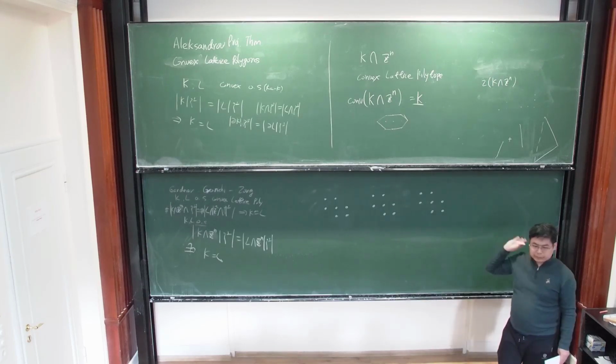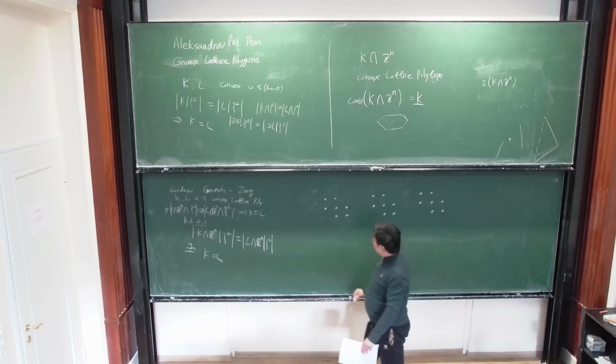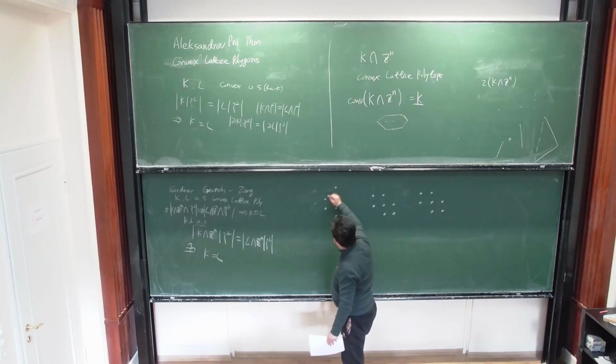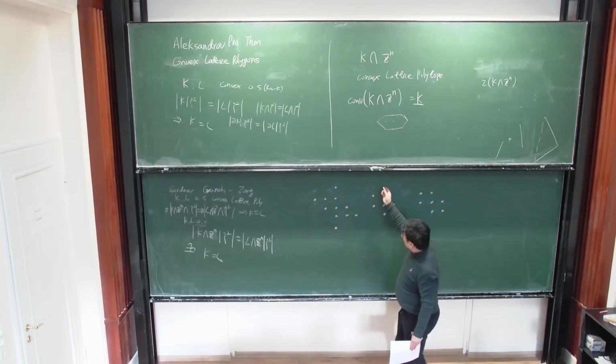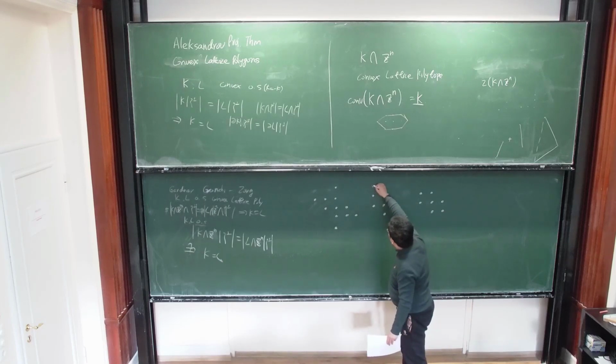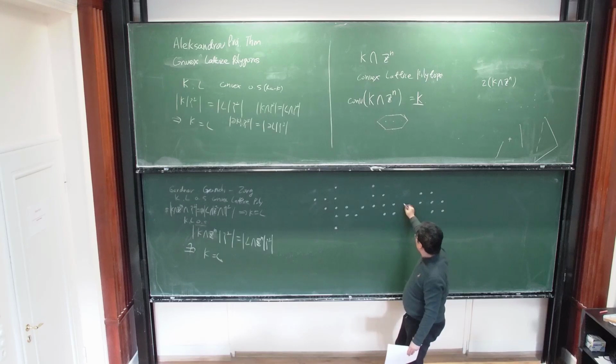So you're adding points like this. You add a point here, a point here. Because of origin symmetry, it has those points. Then reflections: one point here, one point here, one point here. Now it becomes connected.